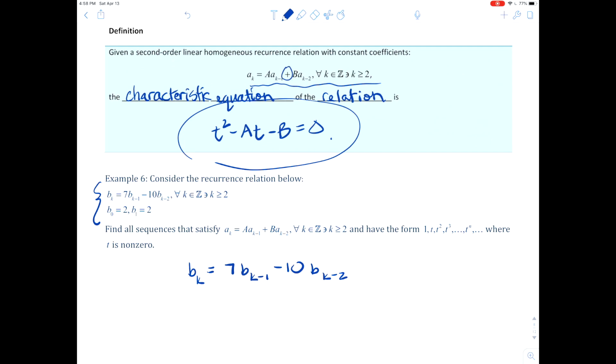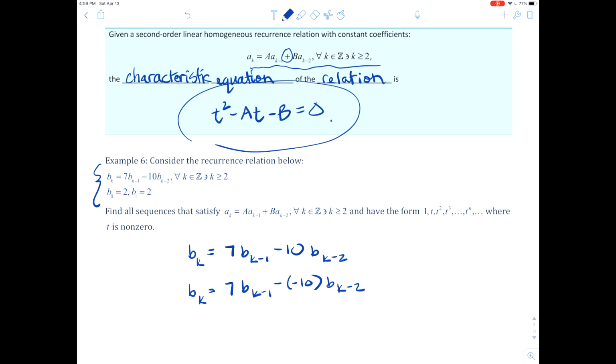Notice that there's a subtraction symbol here, right? So if I wrote this exactly in the format, I would have b sub k is 7 times b sub k minus 1 plus negative 10 times b sub k minus 2.